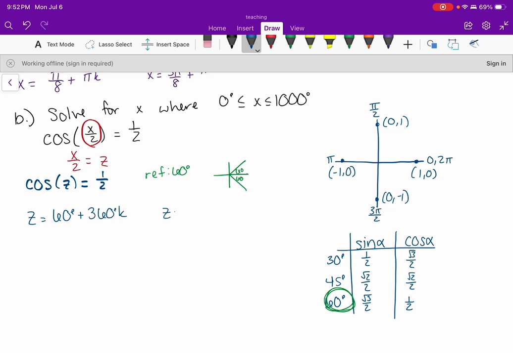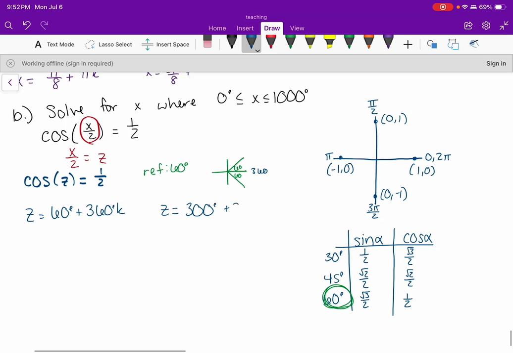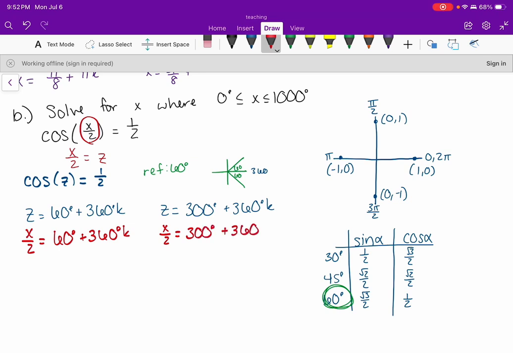And then my quadrant 4 answer would be 360 minus 60, so that's going to be 300 plus 360k. Now I'm going to put back in my x over 2, so I have x over 2 equals 60 degrees plus 360 degrees k, and x over 2 equals 300 degrees plus 360 degrees k.